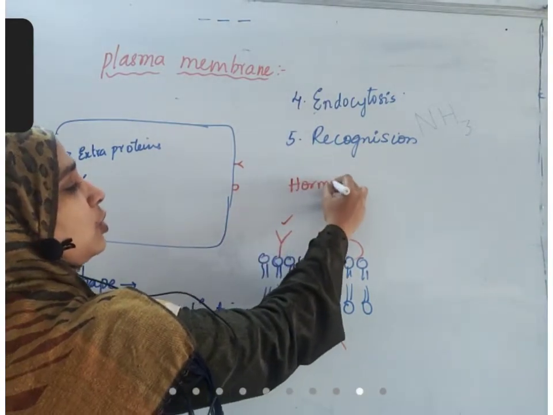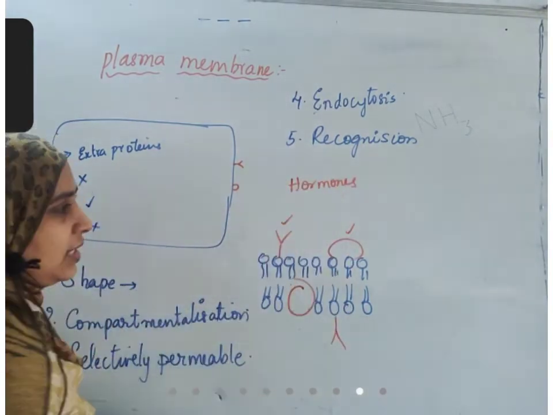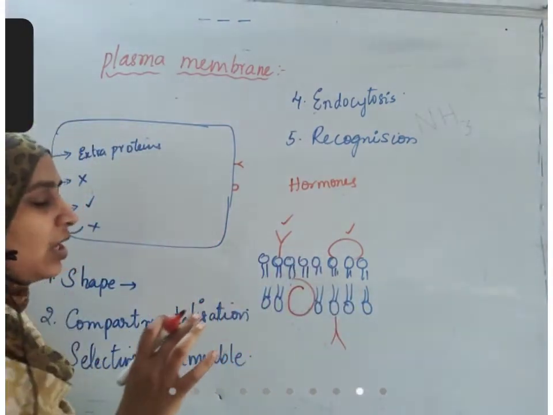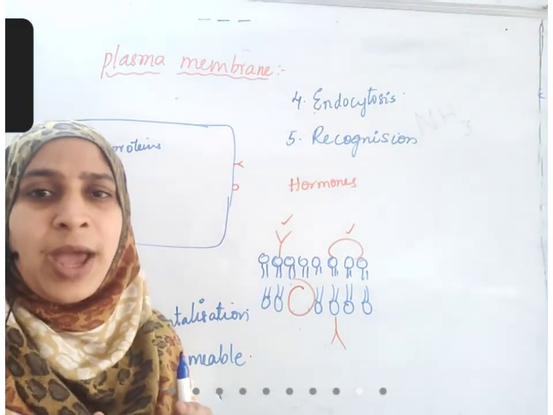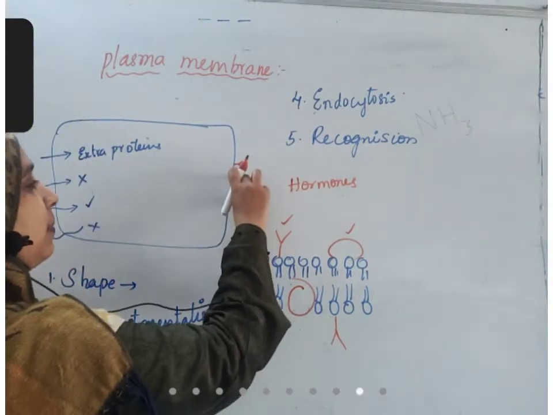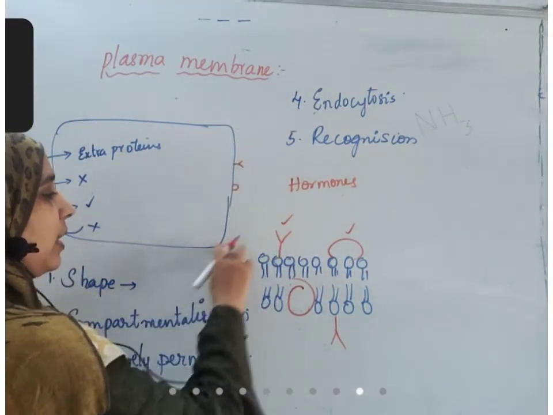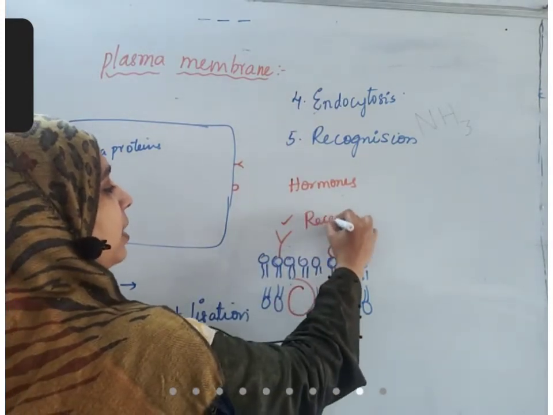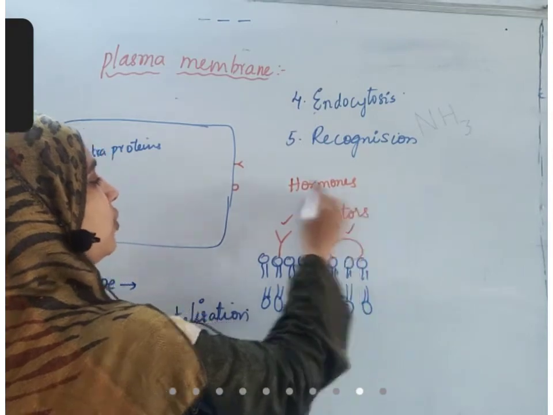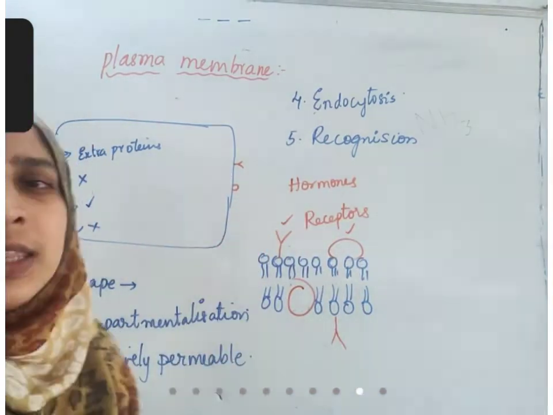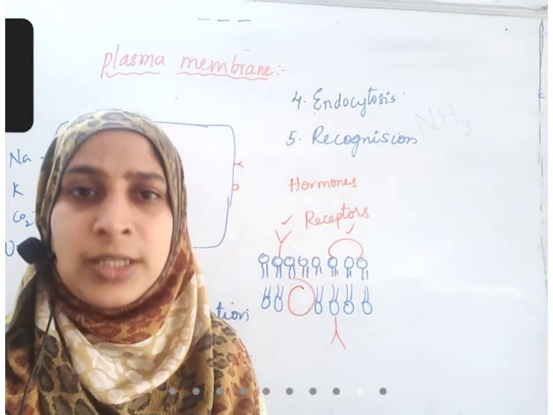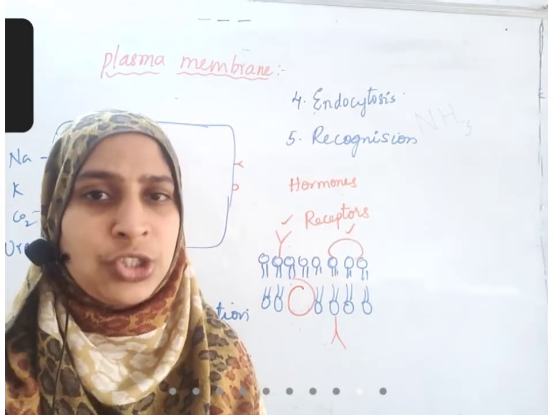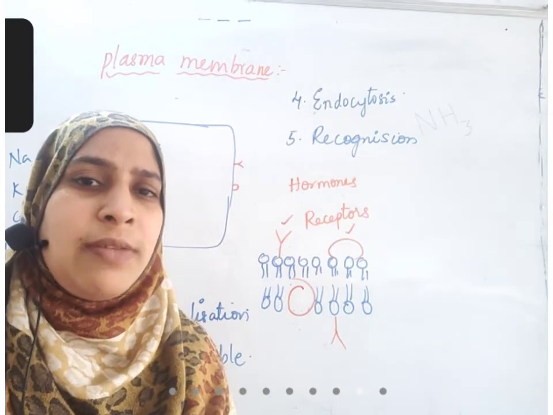Hormones are produced somewhere in our body and they should reach the site of action. How will they recognize that these are the cells they should act on? By these receptors which are present on the plasma membrane. So these molecules act as receptors. Because of these receptors only, the molecules that come towards that cell identify that this is the cell where they should reach.